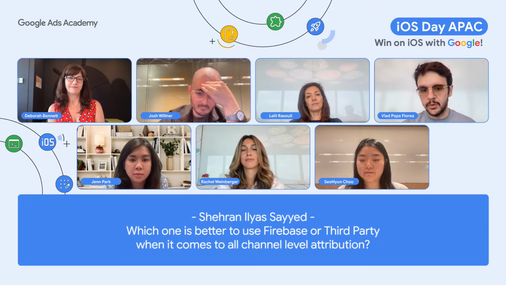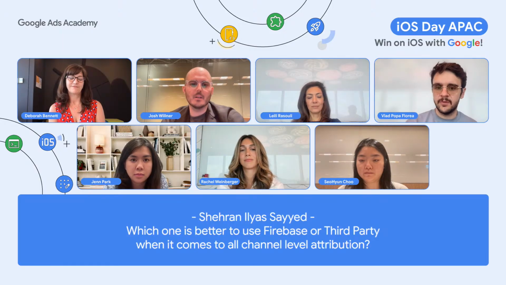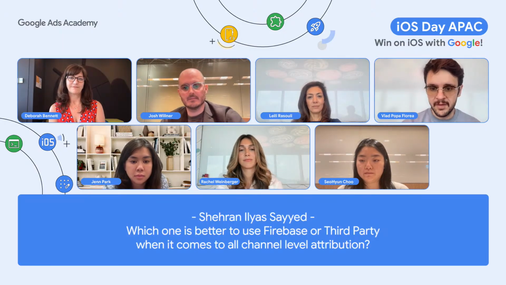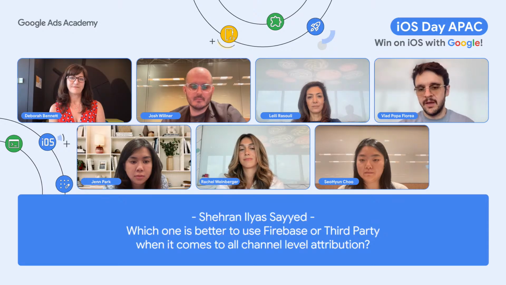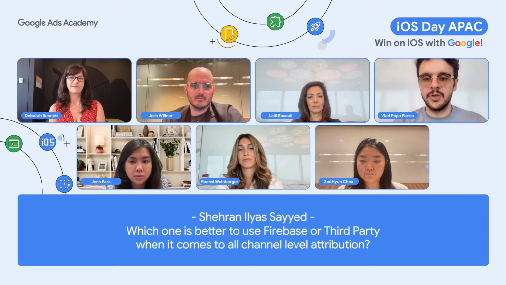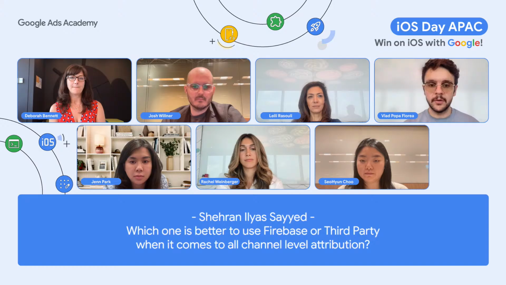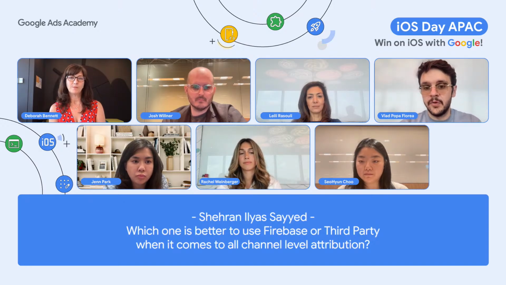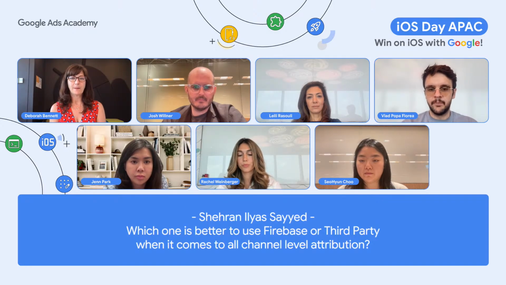For optimization purposes, you can use either Firebase events or third-party MMP events. But as alluded to before by Rachel and Josh, Firebase events are required for benefits such as TROS bidding or the future performance uplift from our on-device measurement solution, right?